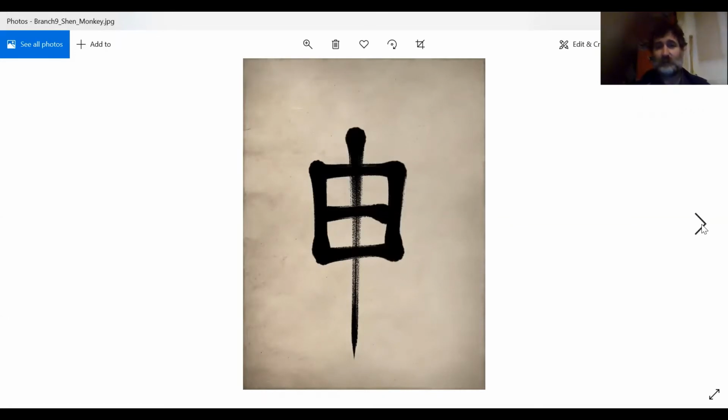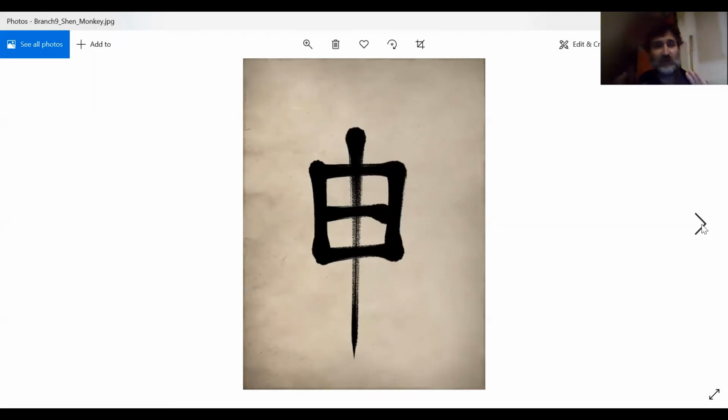Monkey. So monkey is a native yang metal. Monkey is changing a lot. Monkey is the trickster. Monkey is playful. Monkey will see things from many different perspectives.